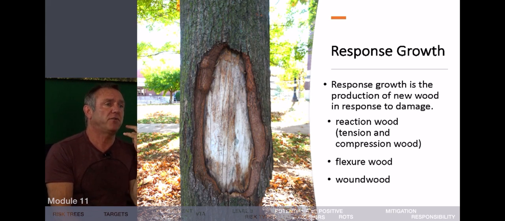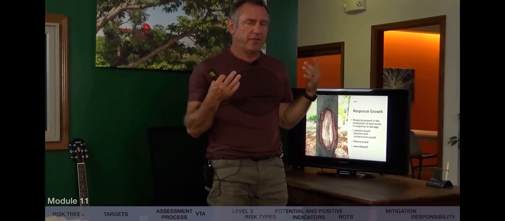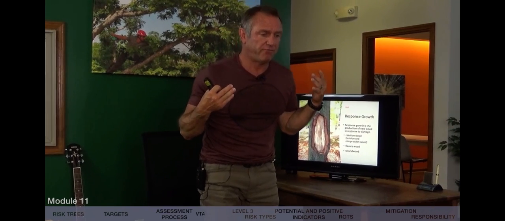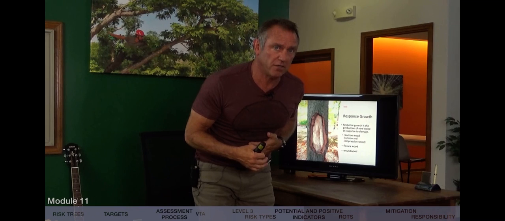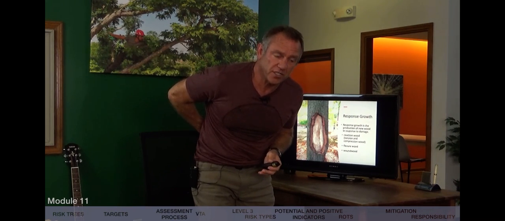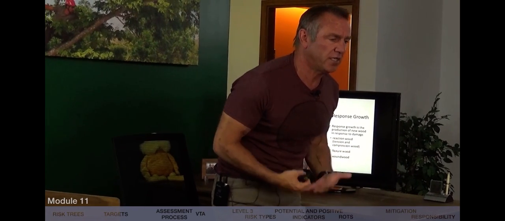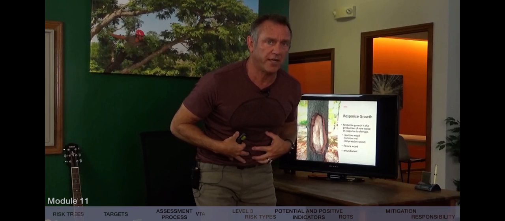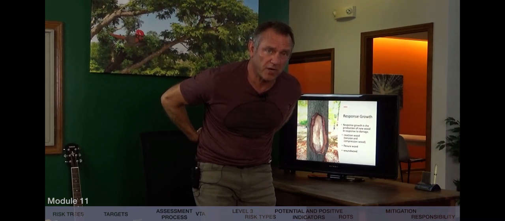So for example, if I'm a tree standing and I lean forward, then my stomach or abdomen is under compression, and my back is under tension. So in a leaning tree, we would look to see what the conditions are of the compression wood and the tension wood in our assessment process.